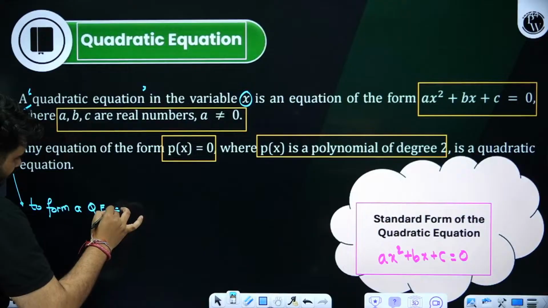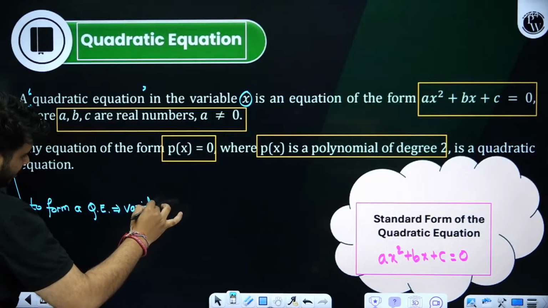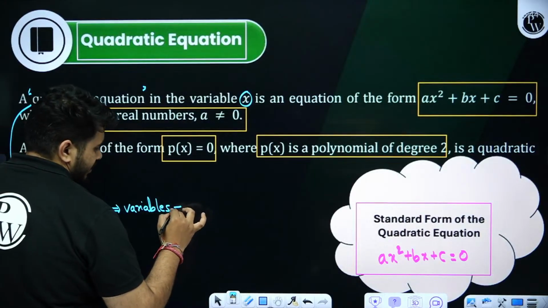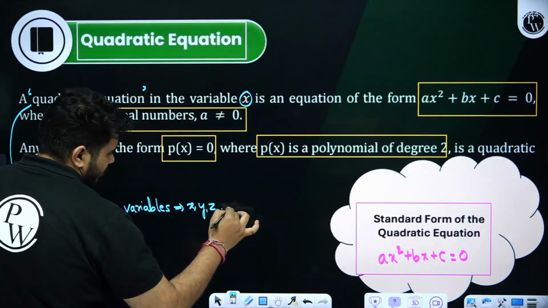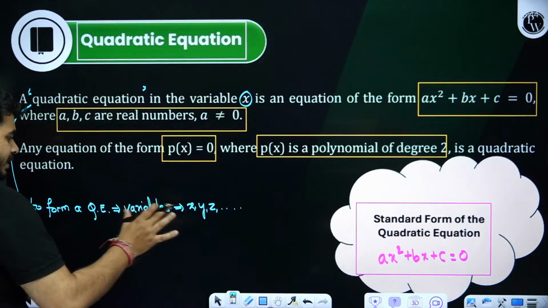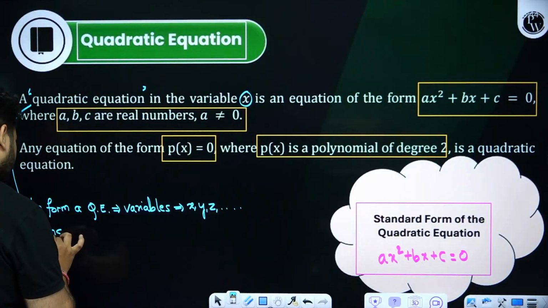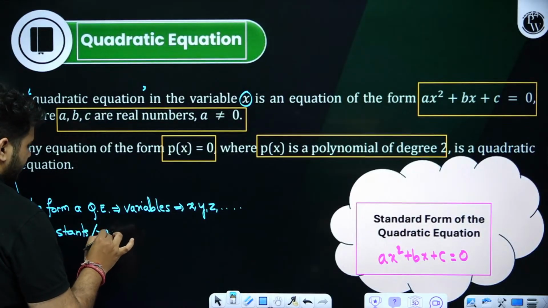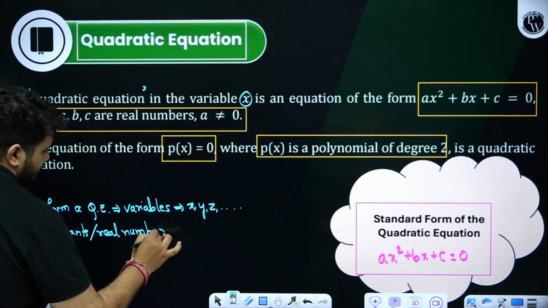First of all, we need variables. Variables can be x, y, z and so on. Along with that we need constants, or also we can call them real numbers.